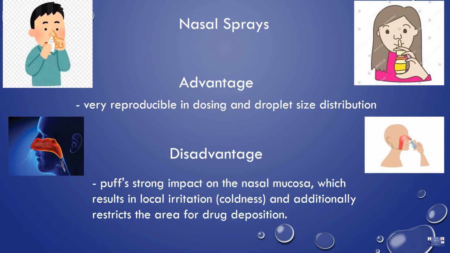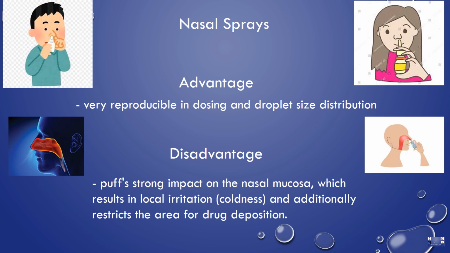Nasal sprays are applied to the nasal cavity for local and/or systemic effect. They can be supplied in squeeze bottles, mechanical dispensing systems, or pressurized containers such as nasal aerosols. The applicability of the traditional squeeze bottle is restricted due to its significant dose variability.